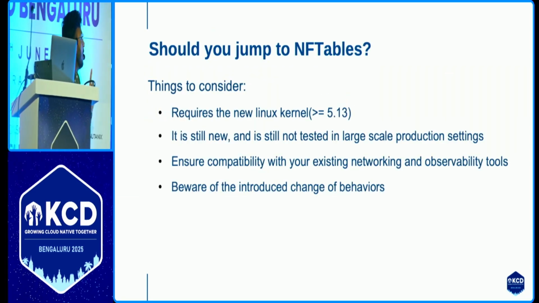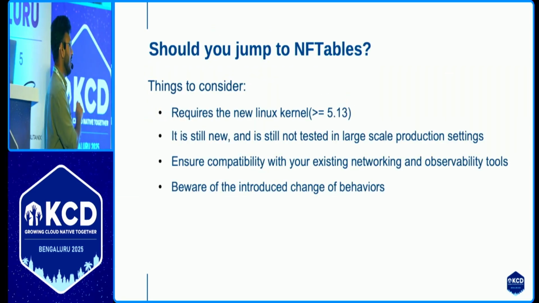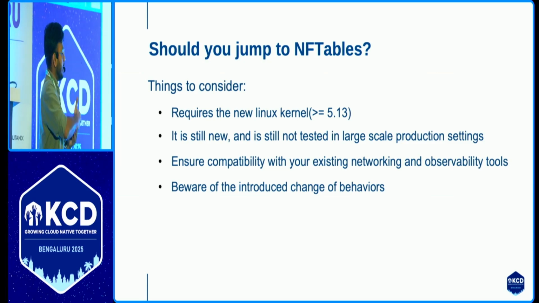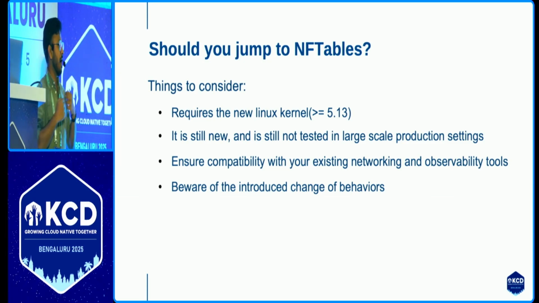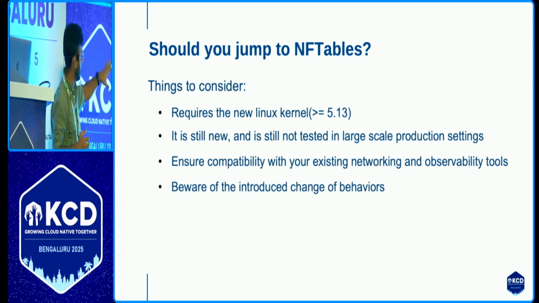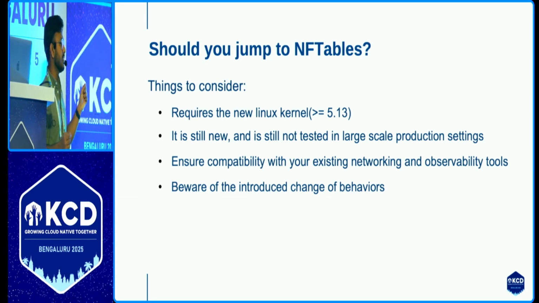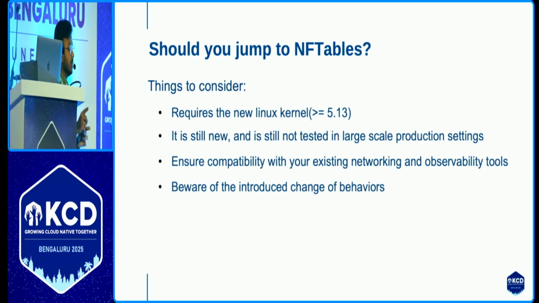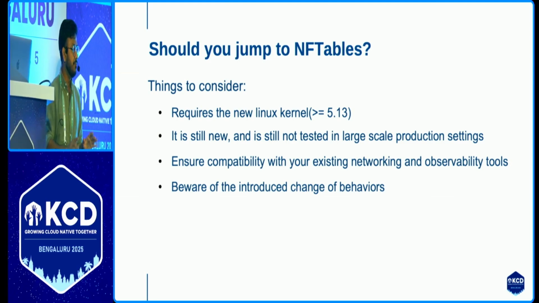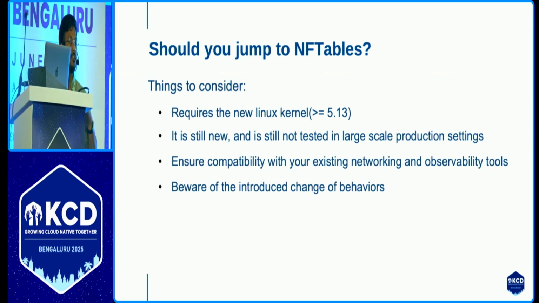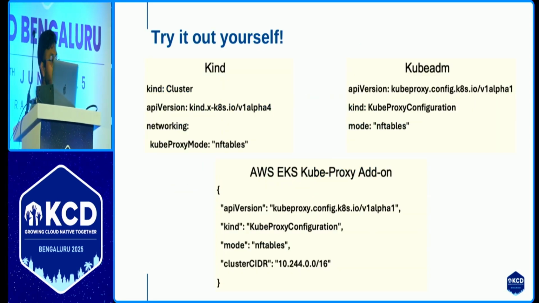And you need to be aware that there are slight changes of behavior which are introduced between iptables and NFTables mode. Although the community tries to be as backward compatible as it can, these changes are not treated as backward incompatible. The reason being, Kube-Proxy's iptables mode still remains the default, and NFTables mode is something which you have to opt in.